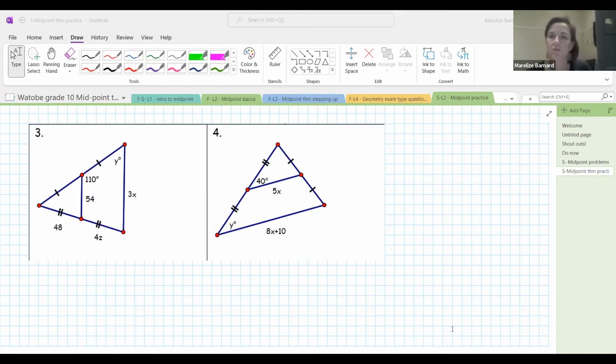Gareth says x is 36. Let's get some more answers, everyone. Nishan also says 36. Maybe someone wants to put their hand up and volunteer an answer. Put your hand up. Let me know, how did you get your answer?